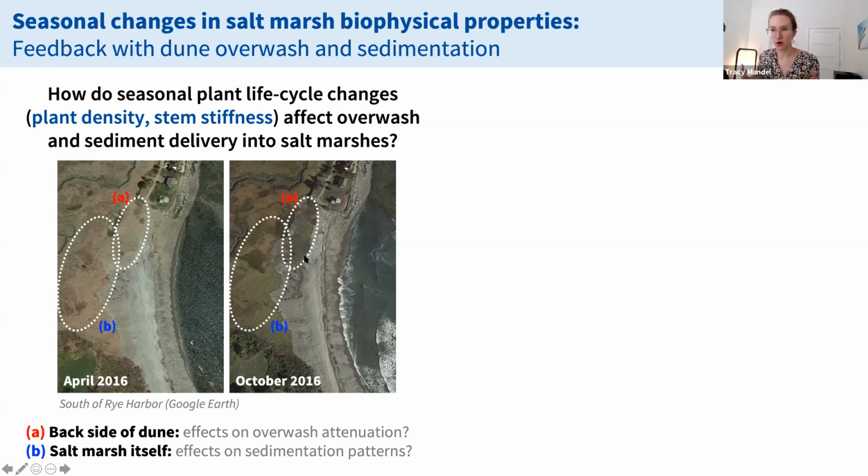And so we want to know, for things like the backside of this dune, if we have more dense, healthy, vibrant vegetation, will that help reduce the amount of overwash coming into this back marsh? We also want to know, what are the effects of these plants on sedimentation patterns? If we have some sediment being delivered at different times of year, is it more likely to go further into the marsh at some point because the vegetation has different properties?